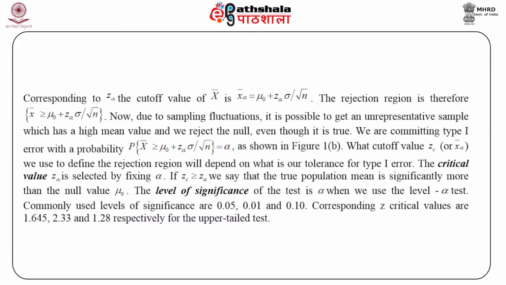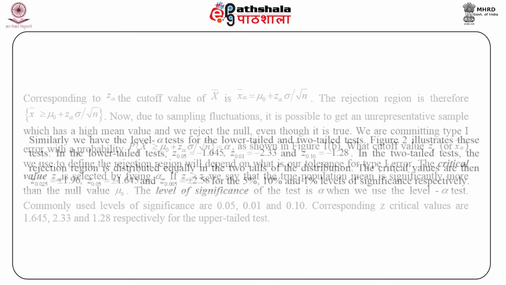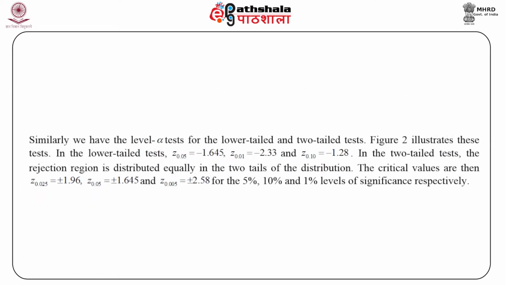Commonly used levels of significance are 0.05, 0.01 and 0.10. The corresponding Z critical values are 1.645, 2.33 and 1.28 respectively for the upper tail test. Similarly, we have level alpha tests for the lower-tailed and two-tailed tests.